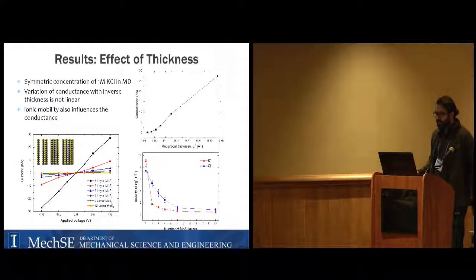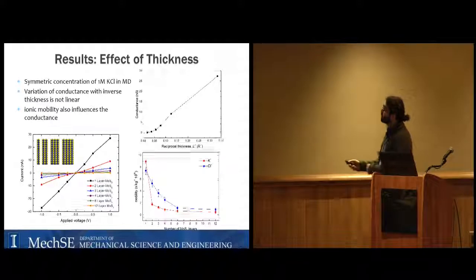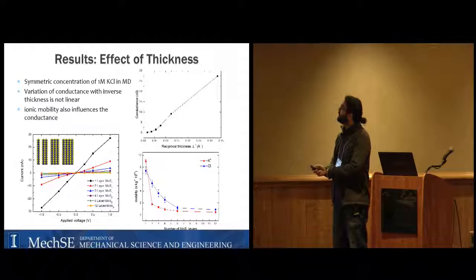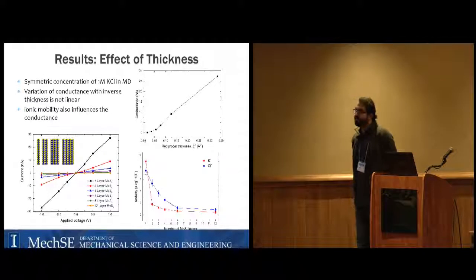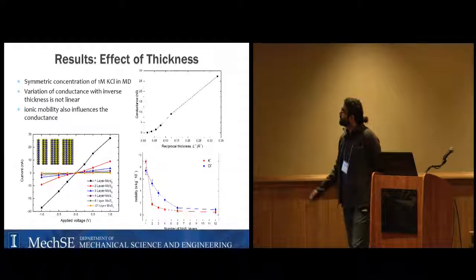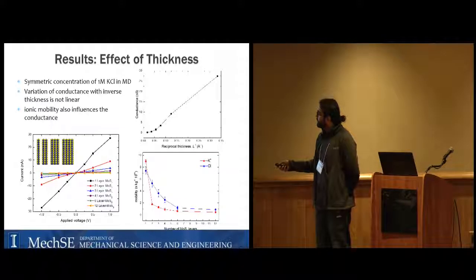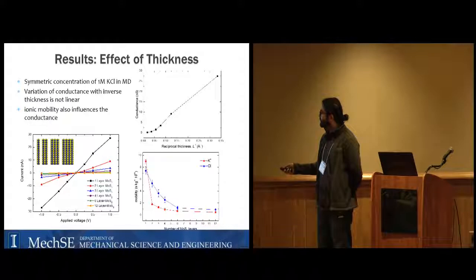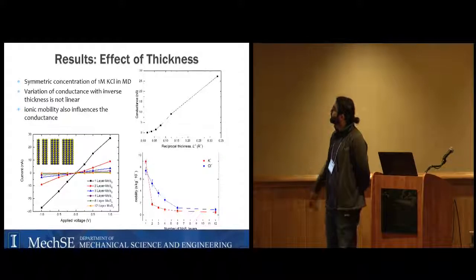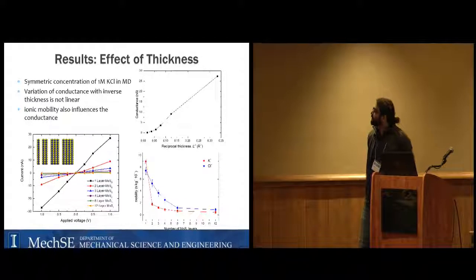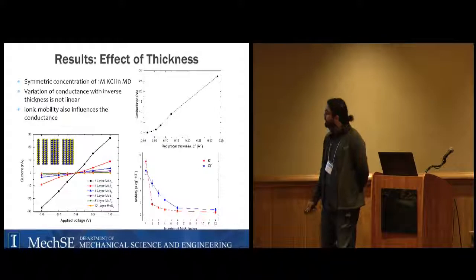And finally, we looked at the most important thing about this 2D material, which is the effect of the thickness, and why that is very unique in our system. In MD simulations, we looked at the IV curve, the current and voltage, for a symmetric concentration of potassium chloride, so there's no concentration gradient here.